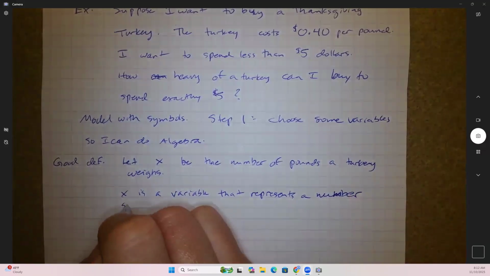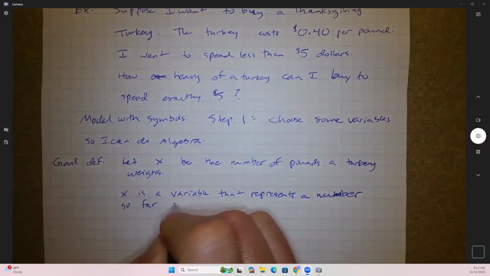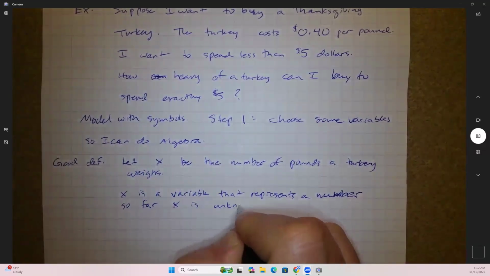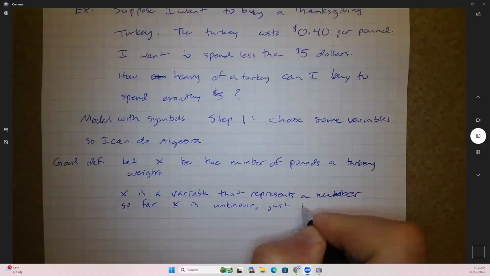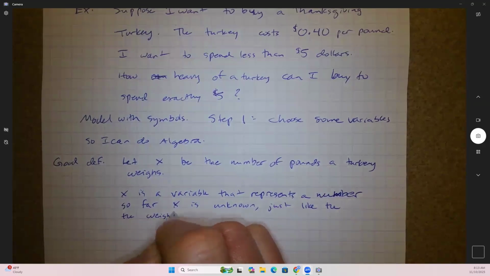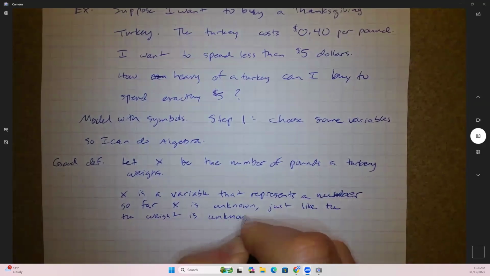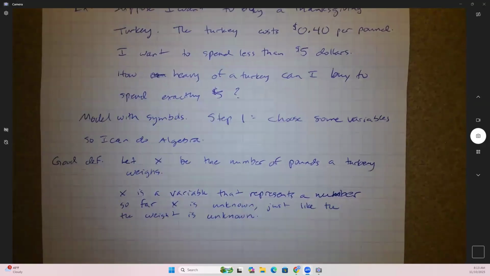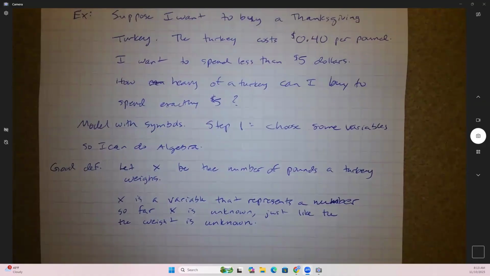And so far, X is unknown, just like the weight of the turkey is unknown. So a good definition with a variable is a variable, it needs to represent a number, because everything we've been doing with algebra, even when it's variables, they've been numbers. And there's not much point in picking a variable if there's something that we already know.